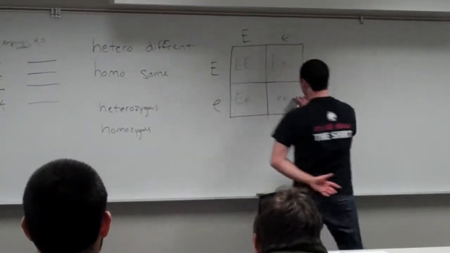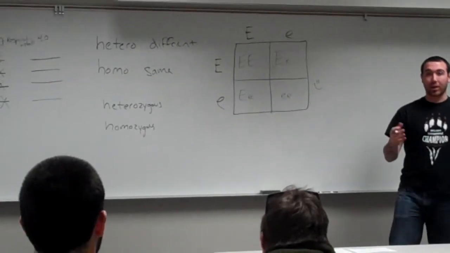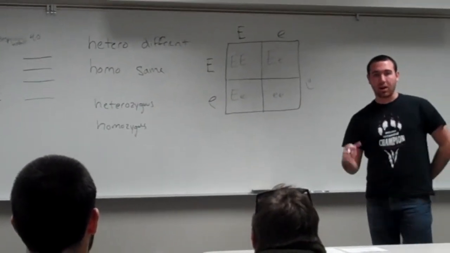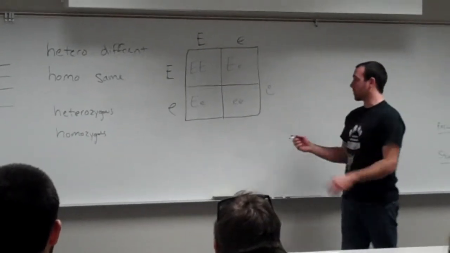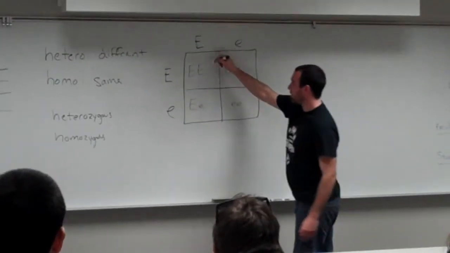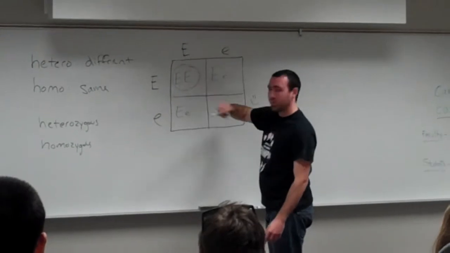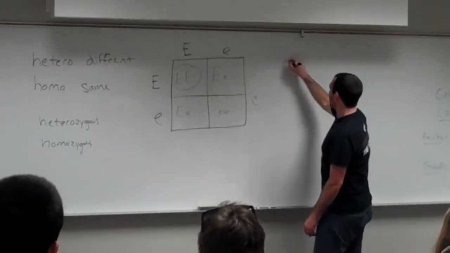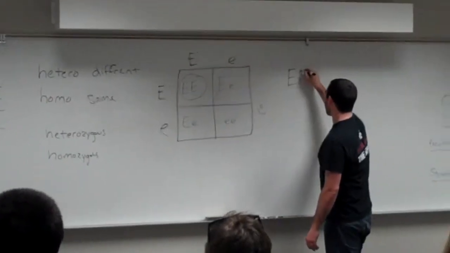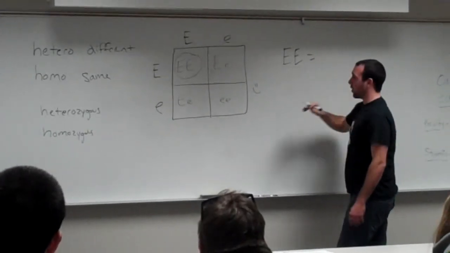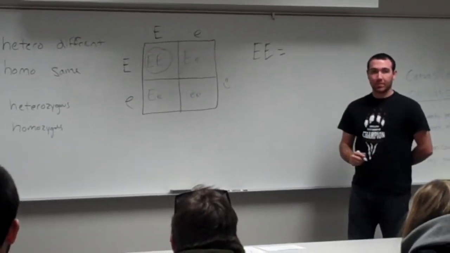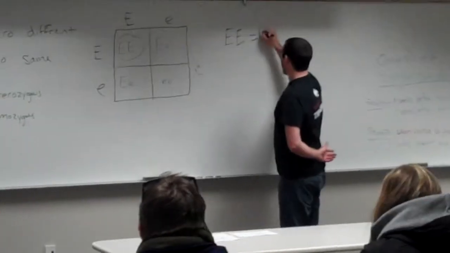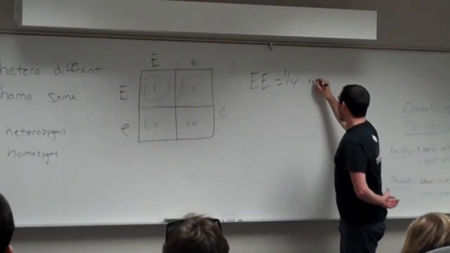So now, one of the key things about genetics is figuring out the probabilities of certain genes and alleles expressing themselves. So we only have one homozygous dominant, correct? So that's big E, big E. So then, what is the probability here of getting big E, big E? 25%, also 1/4, either or.